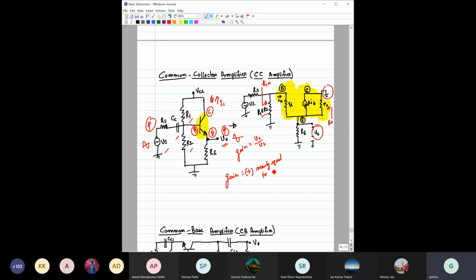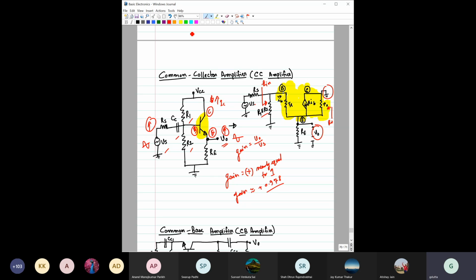But the important thing is that its gain is positive, but it is nearly equal to unity. A typical gain is something like 0.978. So it will be less than 1, but quite close to 1.